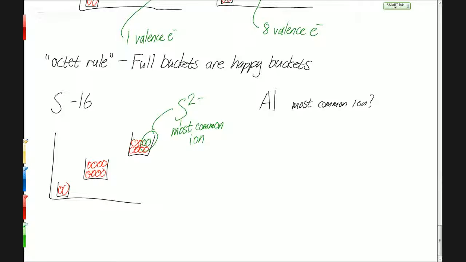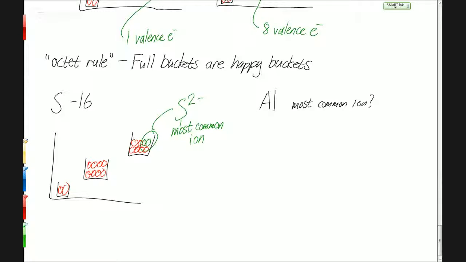Yes, there are more buckets, but it turns out the third bucket can hold 18, and you just get the first 8, and then it goes to the fourth bucket, and then it goes back to the third one for a while, and then back to the fourth one, and then up to the fifth. We just decided that's where we're going to stop in this class. But if you go on and take general chemistry, or if you're just curious about it, I can show you how the whole thing plays out. We're just going to leave it at that for this class. Good question. Good job spotting that.